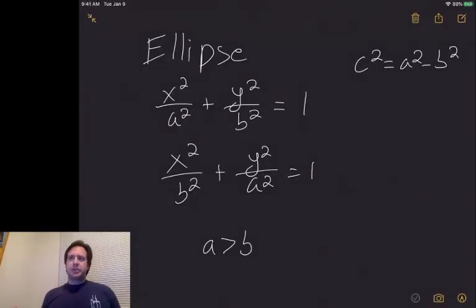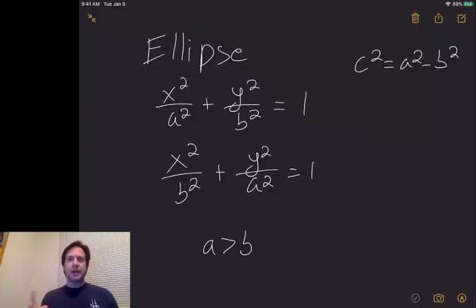Many textbooks consider the idea that you can have two different forms of an ellipse equation. One is where we have x squared over a squared plus y squared over b squared, and the other is where we have x squared over b squared and y squared over a squared. The idea here is that a is always going to be larger than b.